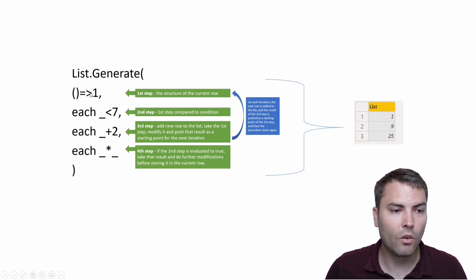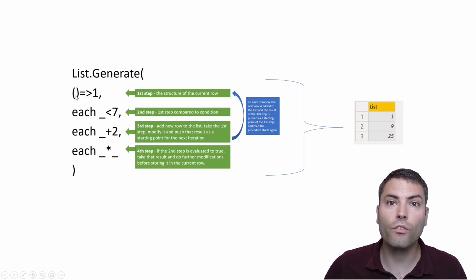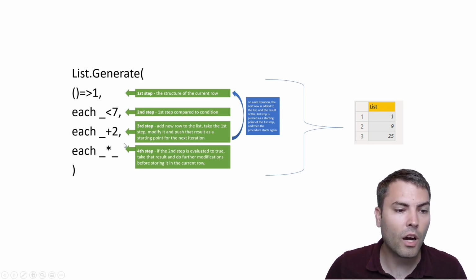This syntax of function invocation without arguments is a syntax of a function definition, meaning that List.Generate only accepts functions as parameters. One is the starting point that will change in each iteration, and it will change based on the third argument.